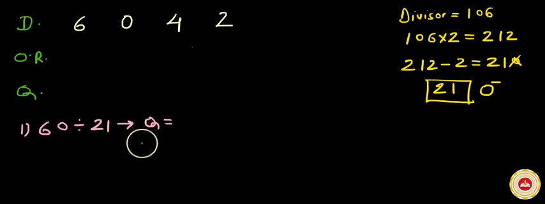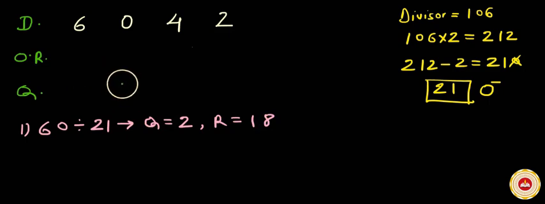That means quotient should be 2 here. 21 2s are 42 and remainder is 60 minus 42, that is 18. So write quotient 2 below the 60 and write remainder 18 as a prefix to next digit in the dividend. Now read this as 184.